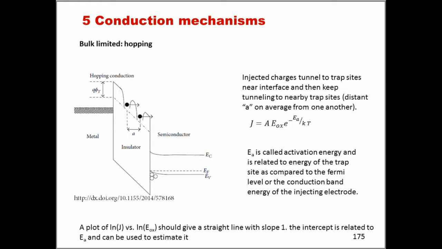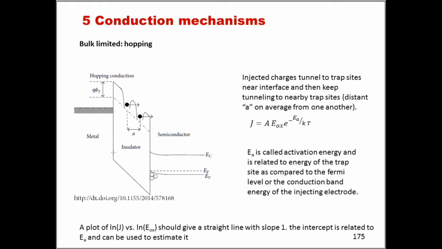Let us have a look now at some examples of bulk limited conduction mechanisms. So the first one is the one we call hopping, and what happens is effectively what the term suggests. Charges, electrons move, effectively hopping from one side to another.